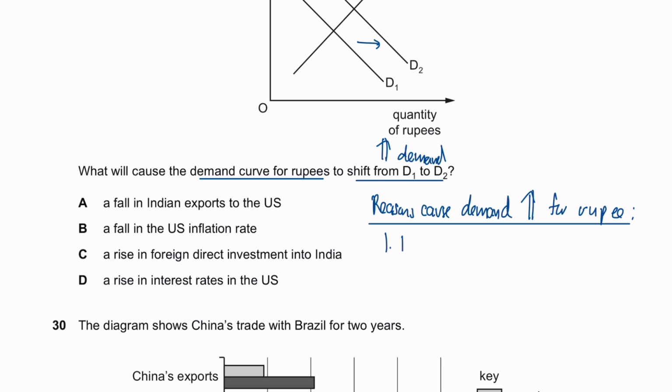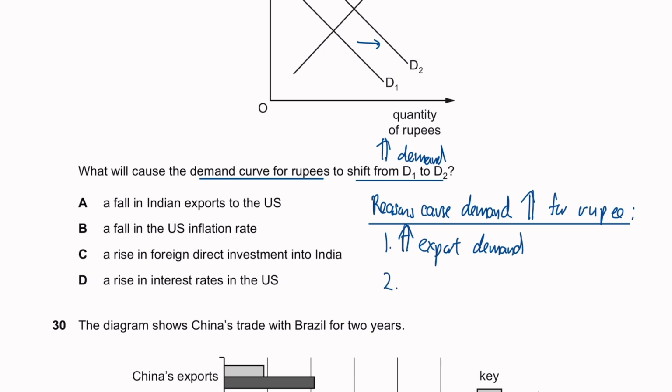There are 4 reasons. So first one is caused by an increase in export demand. As consumers from other countries want to buy goods from India, they need to buy rupees to buy the products. So this will increase the demand for rupee.